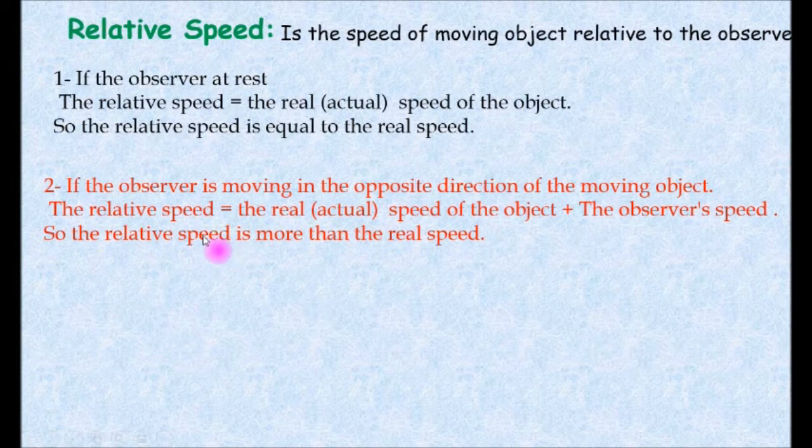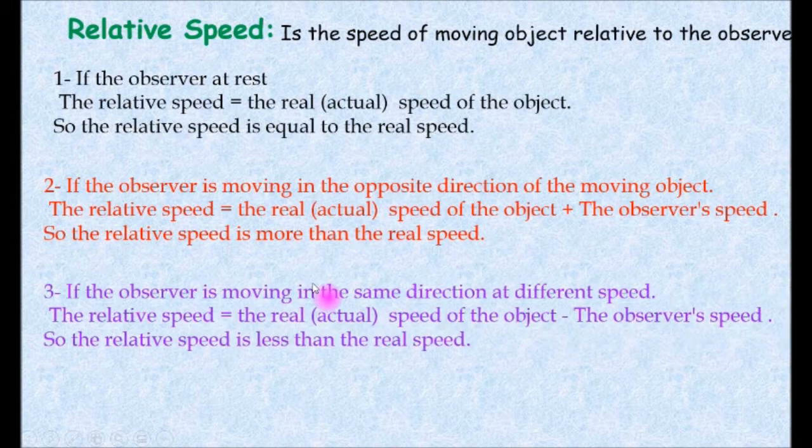So here, if the observer is moving in the opposite direction of the moving object, the relative speed will equal the sum of the 2 speeds, the observer speed and the real or actual speed of the moving object. So in this case, the relative speed is the sum of 2 speeds. So the relative speed is bigger than the real speed or the actual speed of the object.